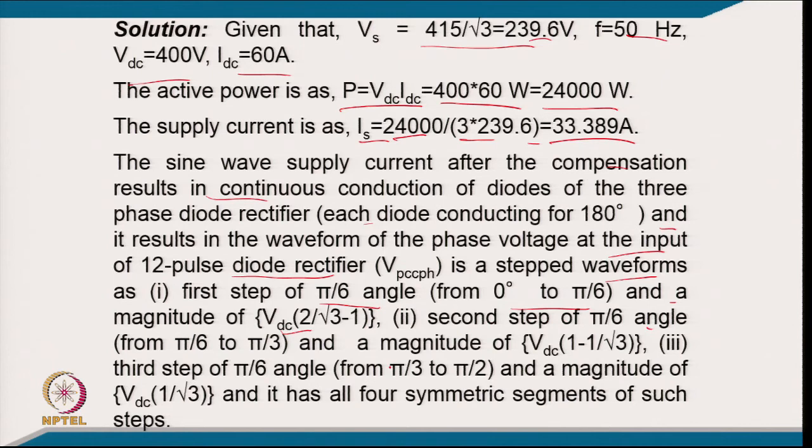The second step of pi by 6, 30 degree, from pi by 6 to pi by 3, with a magnitude of VDC (1 minus 1 by root 3). The third step of pi by 6 angle, from pi by 3 to pi by 2, with a magnitude of VDC by root 3. It has all 4 symmetric segments of such steps in the remaining half cycle, the remaining 90 degree of the half cycle.